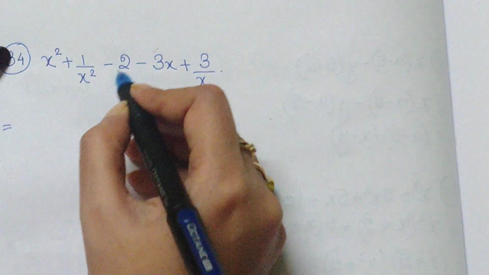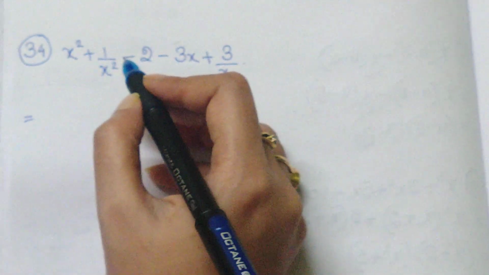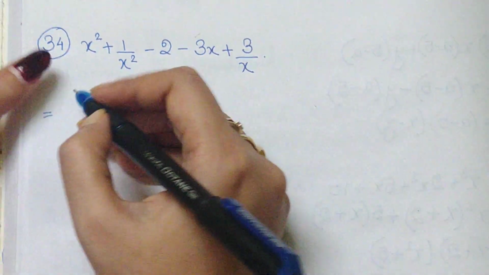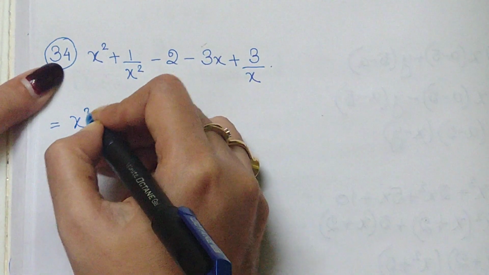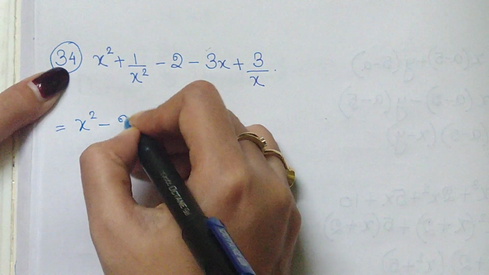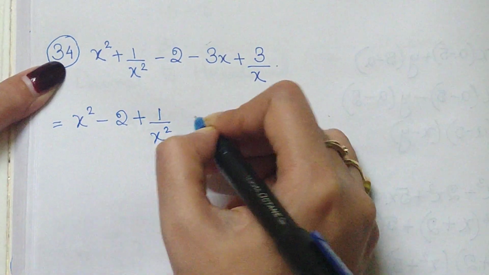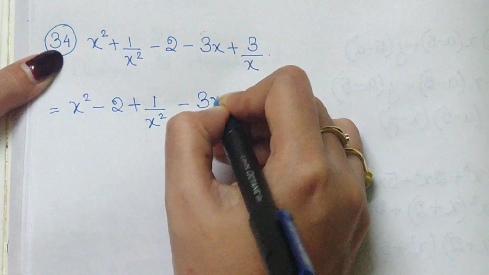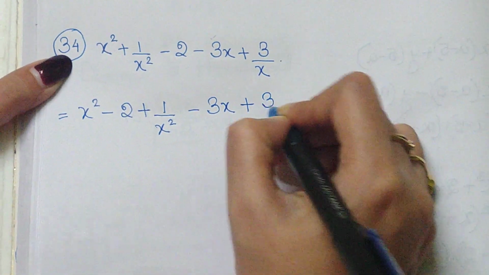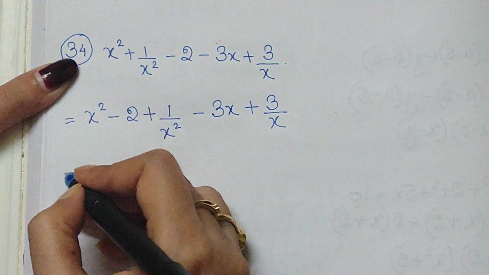See, from these three terms, I can group them in such a way so that I can form an identity. Like x square minus 2 plus 1 by x square. And over here I am having minus 3x plus 3 by x.